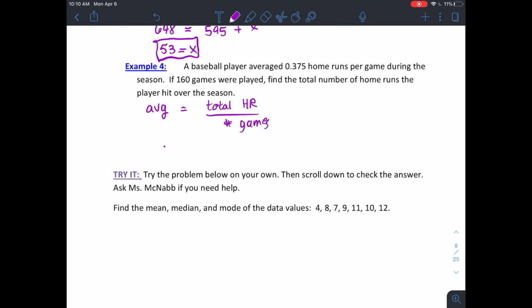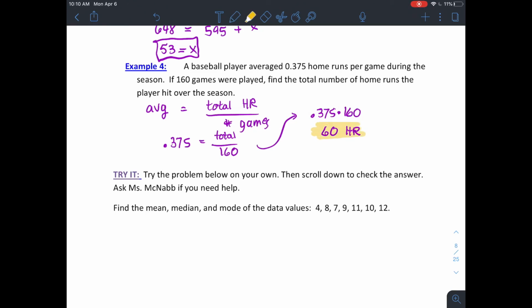We know the average, .375. We know the number of games was 160. So if you multiply .375 times 160 to solve for your total number of home runs, you're going to end up with 60 home runs.